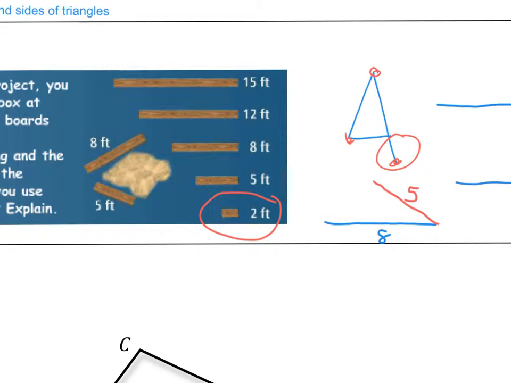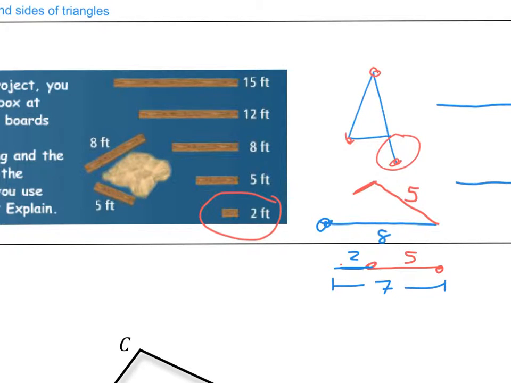Question, comment? If we try the 2-foot board, here's what happens. The 2 feet go like this, and it doesn't touch. And you say, but what if I were to take this 5 and squash it even lower? Well, guess what? It won't even happen. Watch. Here's 5 right there. And if I were to attach the 2 foot to it, how long is that whole thing? It's only 7, which means it won't ever touch to this end.